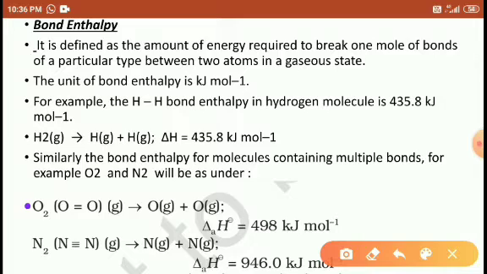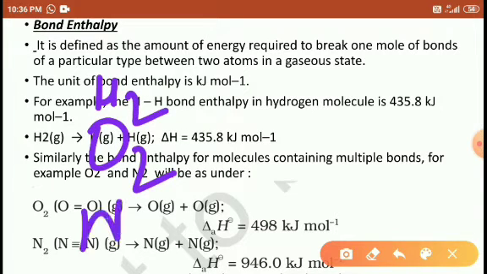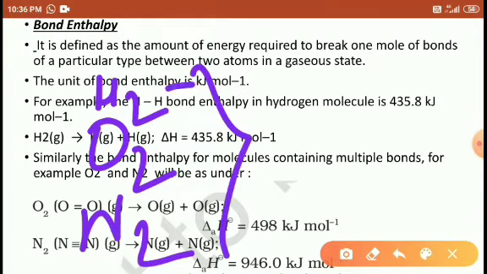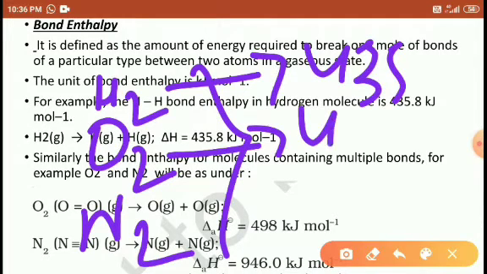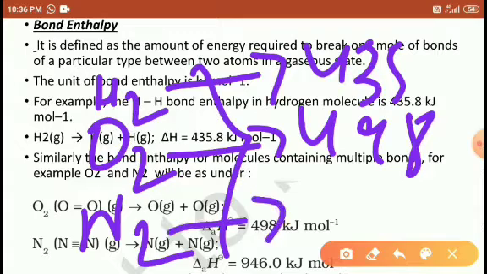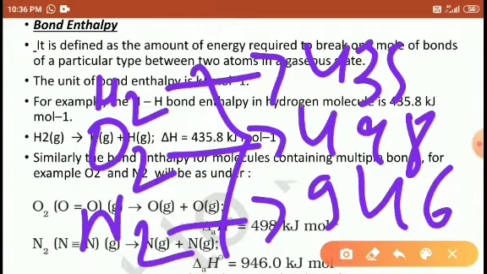Oxygen dissociation requires 498 kilojoule per mole of energy. Nitrogen dissociation requires 946. Why does this happen? Hydrogen is diatomic, H2; oxygen is also diatomic, nitrogen is also diatomic, but hydrogen requires 435, oxygen requires 498, and nitrogen requires 946.